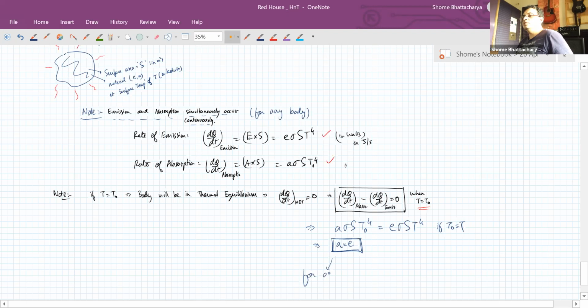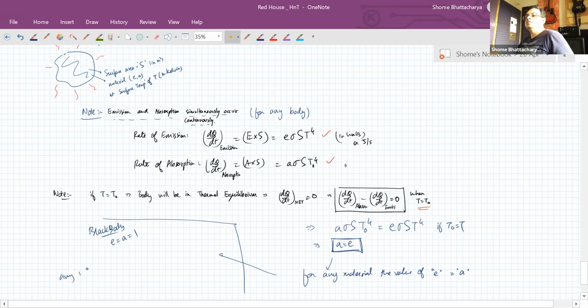Okay. So for any material, the value of emissivity equals the value of absorptivity. So that also shows that for a black body, emissivity is equal to absorptivity is equal to 1.